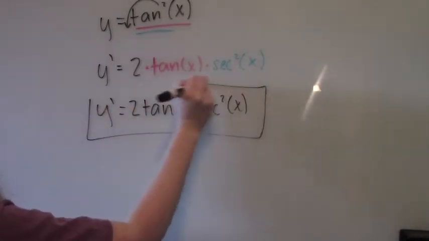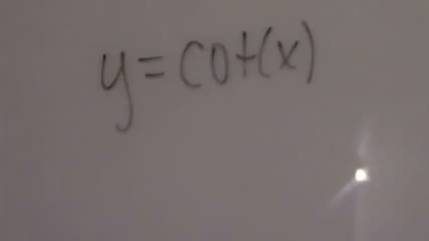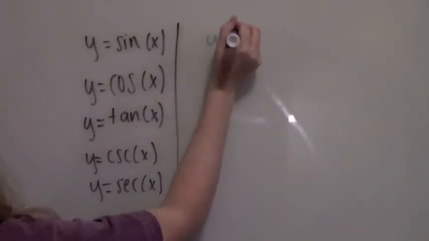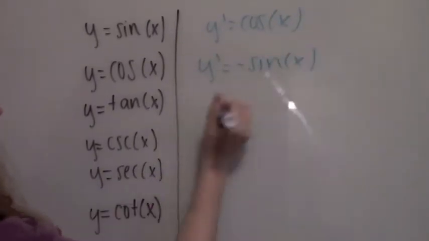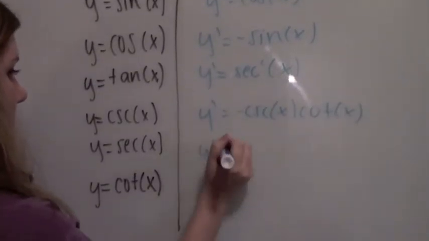So here's a little song to remember all of this. I want to learn trig derivatives really, really bad, but I don't know where to even start. Sine, cosine, and tangent, cosecant, secant, and cotangent. So many trig functions to derive, but there are just some simple rules that I need to memorize.